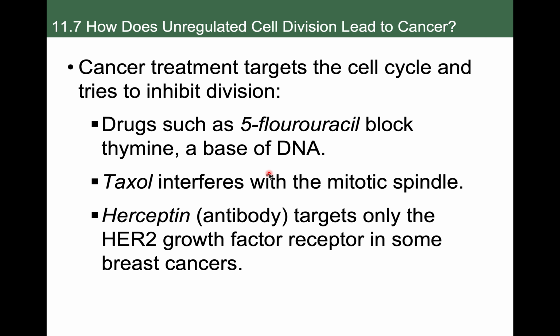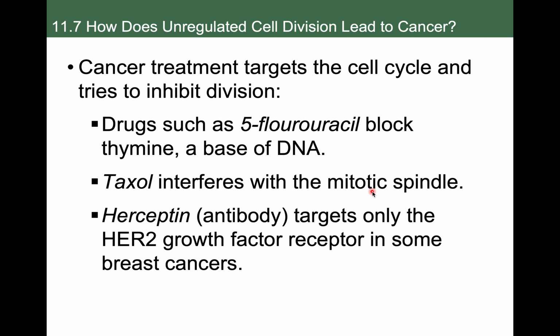And just to tie this back in with our discussion of mitosis, most traditional cancer treatments, things like chemotherapy, they're basically just poisons. They're drugs that will just kill dividing cells. So, for example, a classic chemotherapy drug is Taxol, and Taxol works by binding to microtubules. It just messes up the spindle, basically.